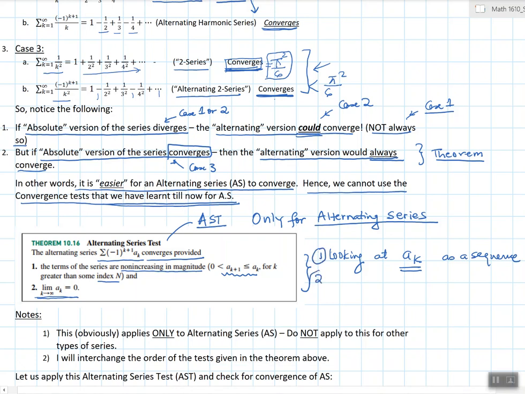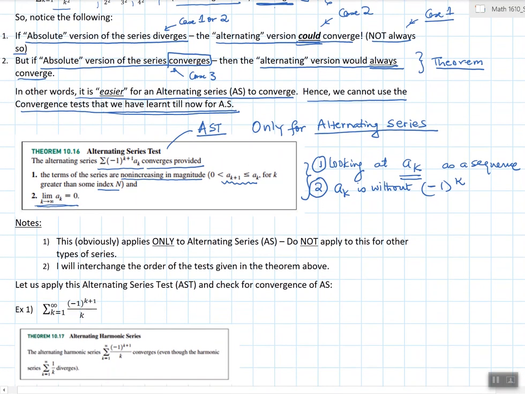The second thing we notice is that ak is the term without the negative 1 raised to the power k sign. So you leave the alternating part and just pick the non-alternating portion to study it.